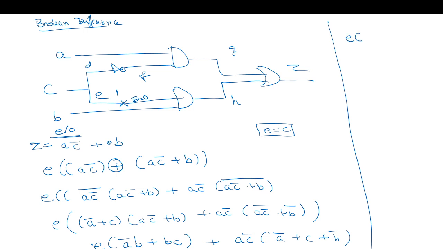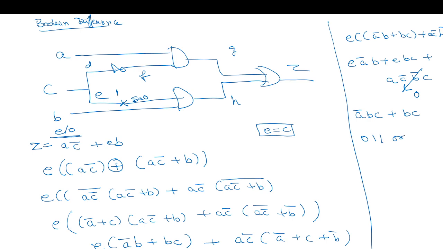Further simplifying, A bar B plus B C plus A C bar B C. So it's A bar B plus E B C plus A C bar B bar. E is nothing but C, so this is 0. Again it's A bar B C plus B C. So the test pattern can be 0, 1, 1, or A can be 1.